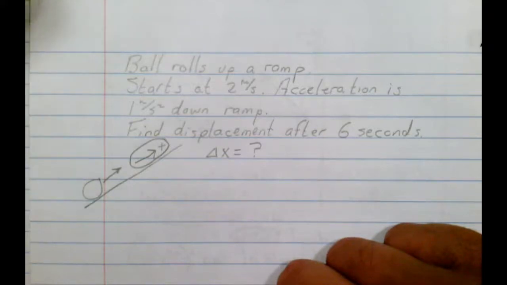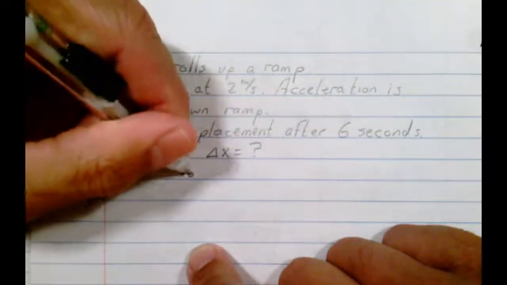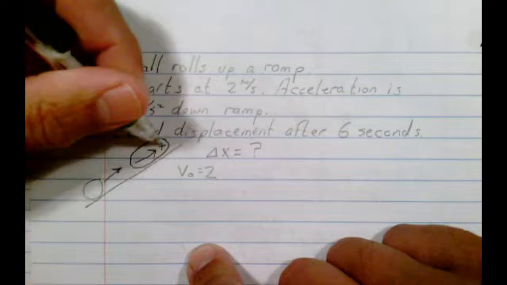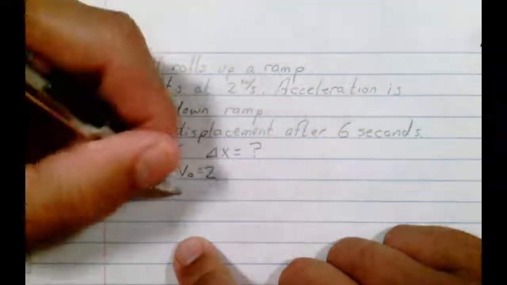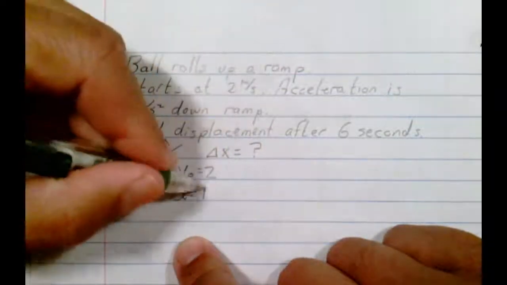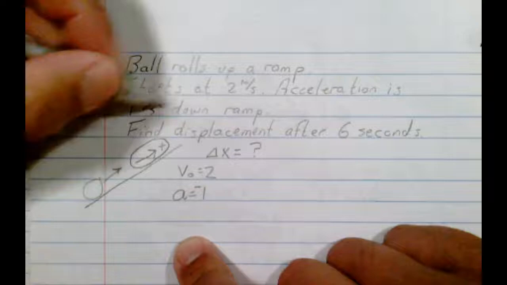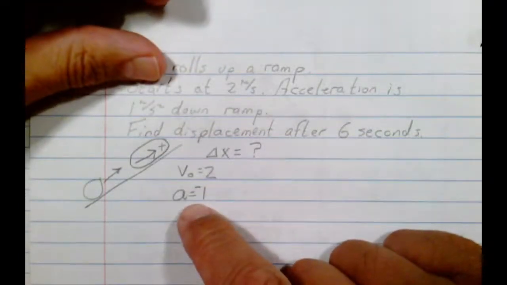Sketch, objective, list variables. What do we know? Ball rolls up a ramp. Starts, V0 equals positive 2, since up is the positive direction. Acceleration is 1 meter per second squared down the ramp. Since these are all in happy physics units, I'm just going to leave the units out. But that's really important now.